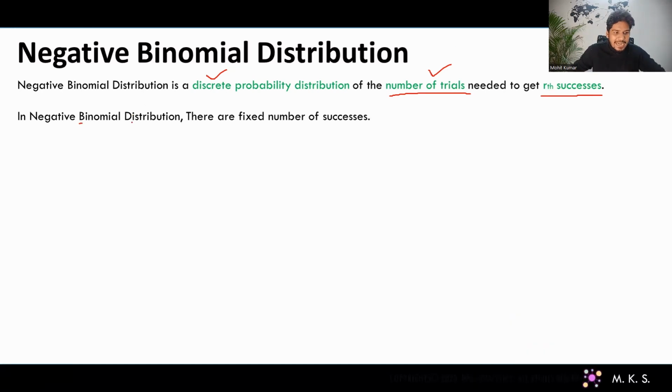So in negative binomial distribution, there is a fixed number of successes, and the random variable models the number of trials you need to get them. Here your number of successes is fixed and you are modeling the number of trials.